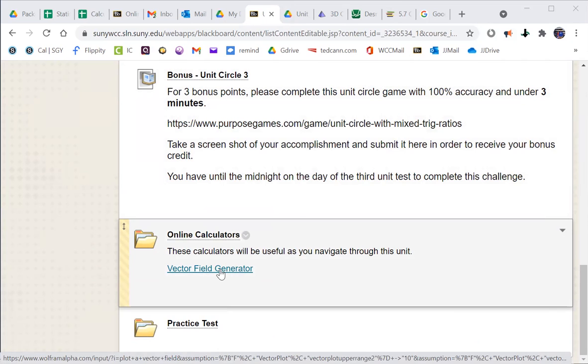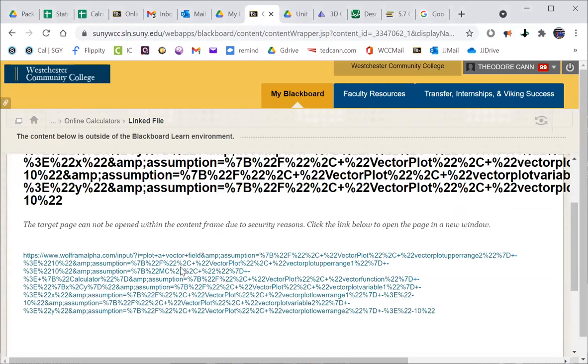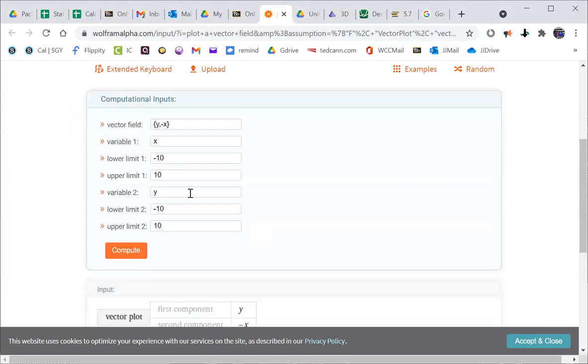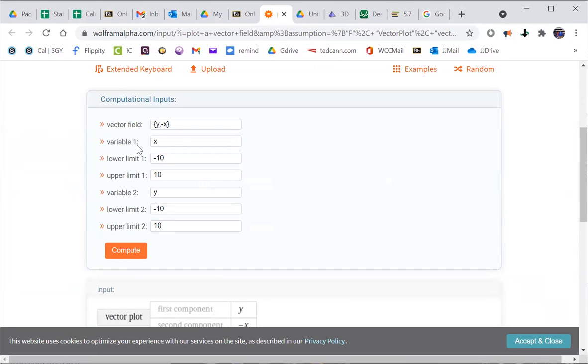But if you click on vector field generator, I did not make this one myself. Yeah, look at that link. I probably could have cleaned that up because it's straight up from Wolfram Alpha. So you could see, I mean, more bells and whistles than I'm capable of. So you just type in the squiggly brackets whatever it is in terms of vector equation that you're looking to find a vector field for.